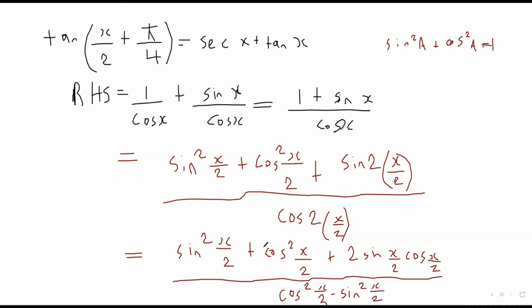If sine x over 2 was like A and cos x over 2 was like B, this would be a squared plus b squared plus 2 times a times b. Now, guys, what is a squared plus b squared plus 2ab? Isn't that equal to a plus b all squared?